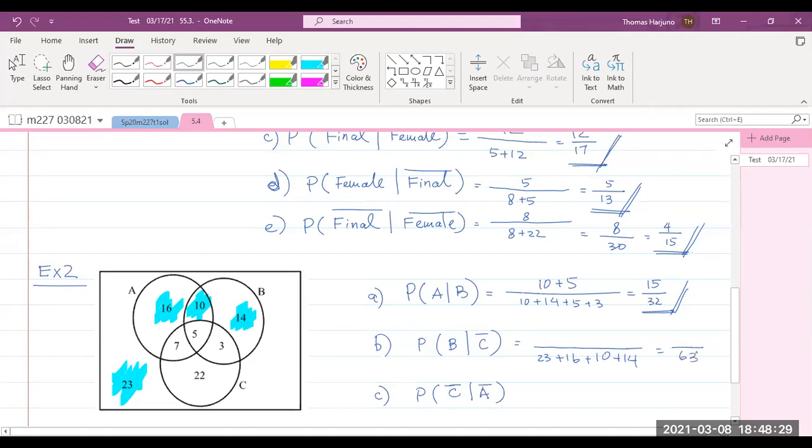Now, of these 63 elements, how many of them are in B? The ones in B are this guy and this guy, right? That's 10 plus 14, that's 24 elements in B of those outside of C. I can reduce by 3.